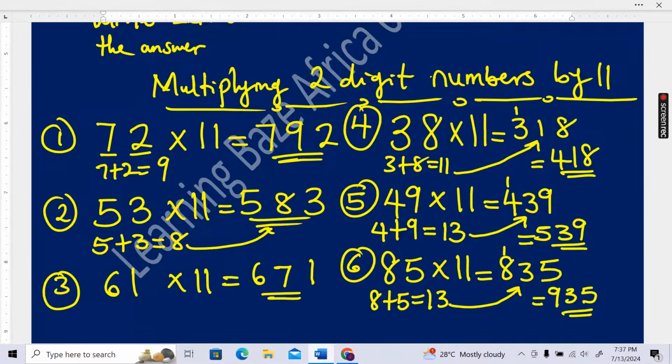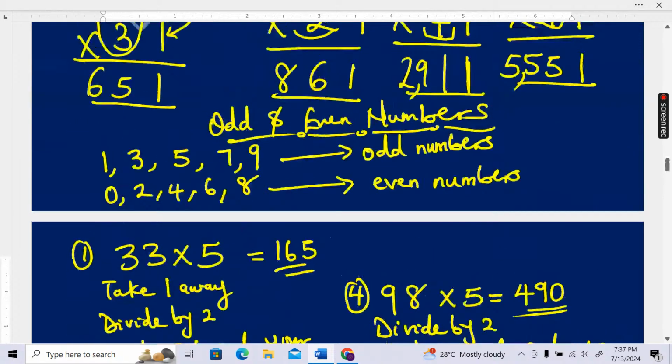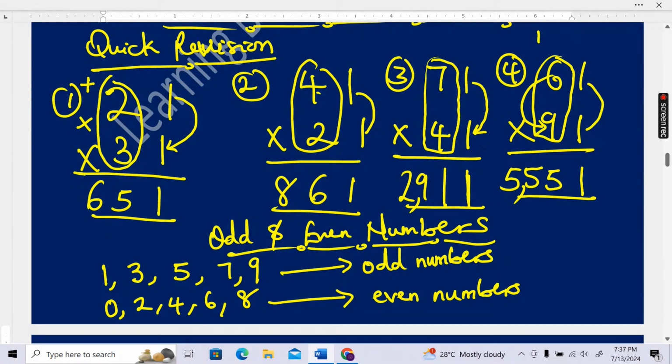Now it is question time. Don't forget, in this class, we have done a quick revision of what we have been learning. We revised multiplication of two-digit numbers that end with 1. And this strategy is only applicable to multiplying two-digit numbers in which both of them end with 1.